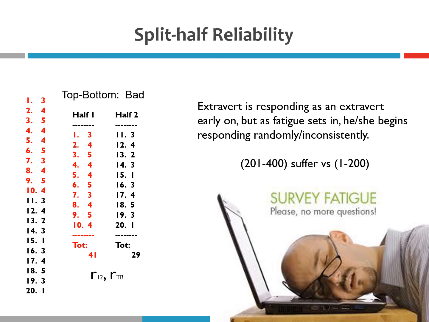Said differently, you don't know whether there's a low correlation between the questions at the beginning of the survey and the questions near the end of the survey because the questions on the second half are different than the questions on the first half and therefore aren't measuring the same construct, or whether it's something going on with your participant. Okay? So how do we fix that?